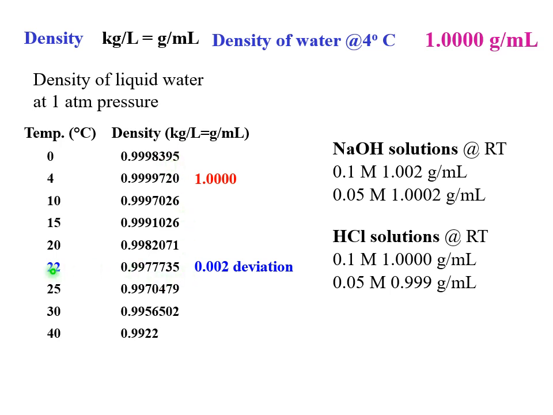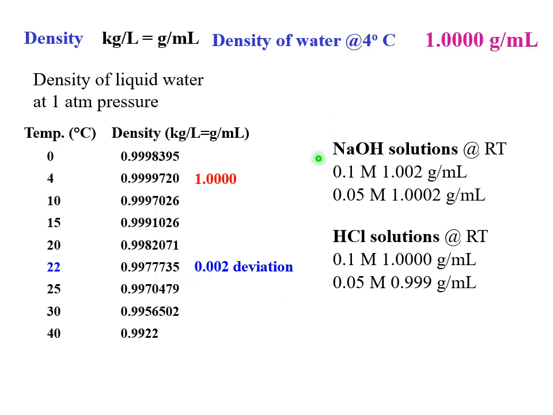So at practical room temperature, you have deviation of 0.02, which usually we cannot just omit for analytical quality solutions. If you want approximate density, you still can count it as 1.